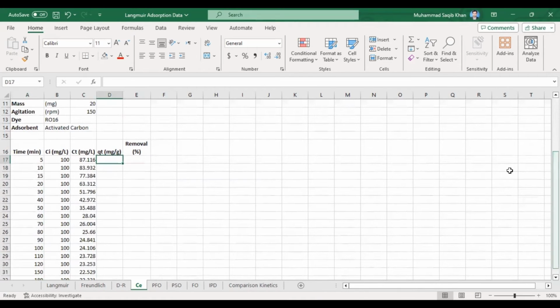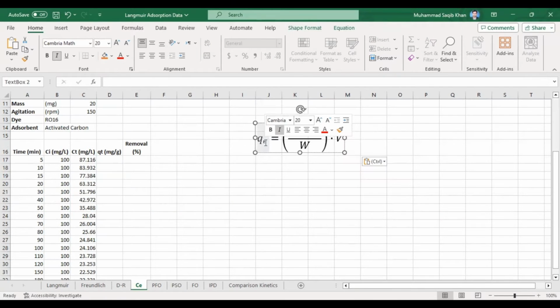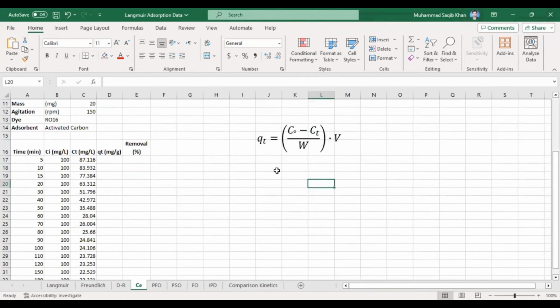Now we will calculate the QT value. You know how to determine the QT. QT is basically the adsorption capacity at time. So this was our formula: C0 minus CT, multiplied by volume, divided by mass.